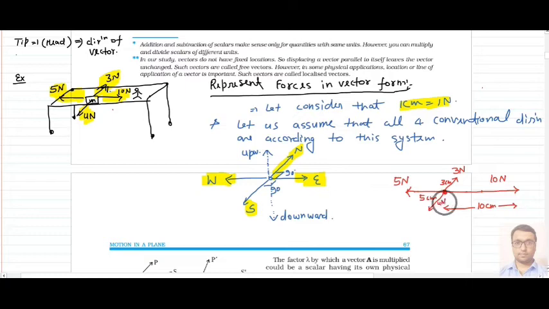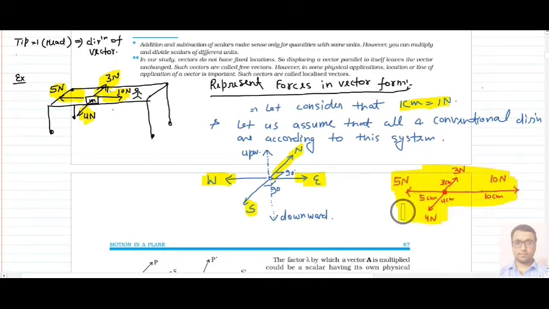This will represent our 4 Newton force, and this is your 4 centimeter length. So this is the way we represent all the forces. I hope it is clear to you how to make forces in vector form.